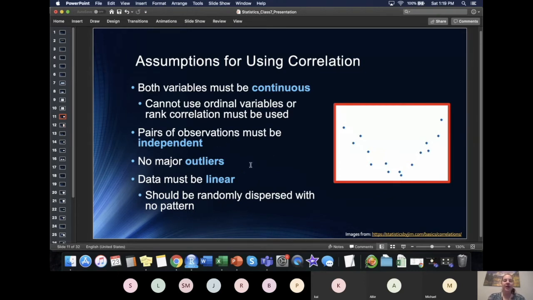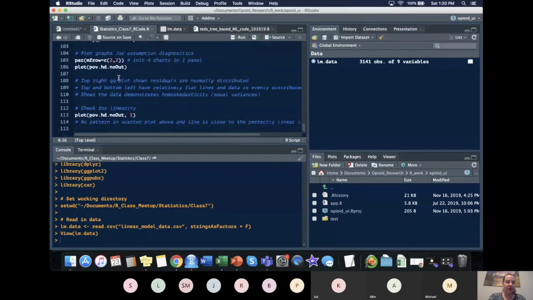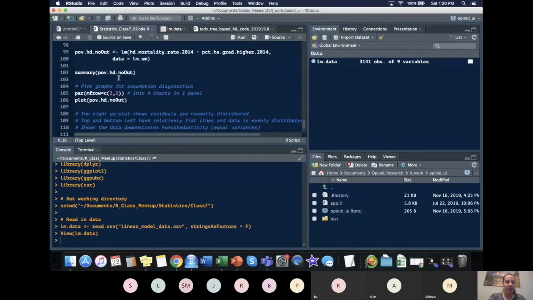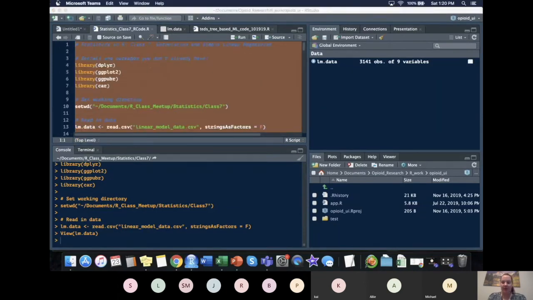This one in general is important for every statistical model, everything you'll ever see, machine learning too: no major outliers. I get the question about when to take out outliers versus not in a lot of cases. So I'm actually going to show an example, and we're going to go over more about this a little bit later, but I think it would help with understanding.